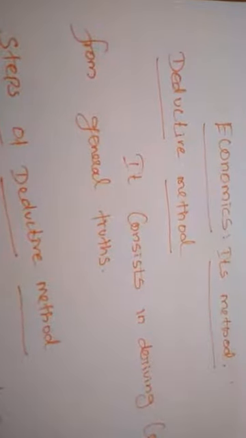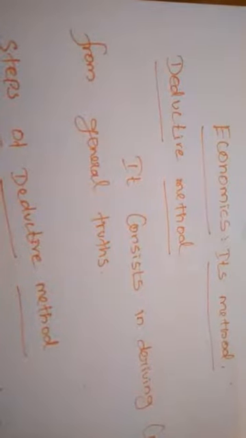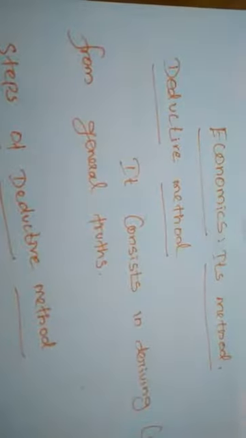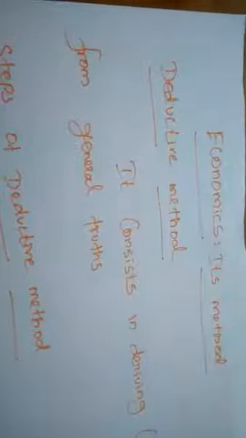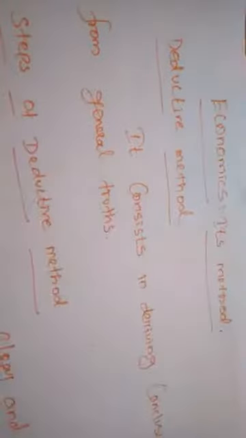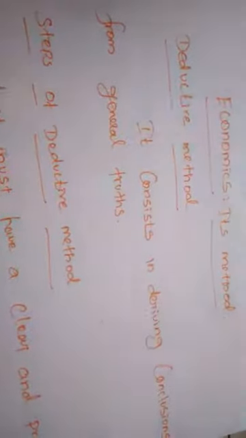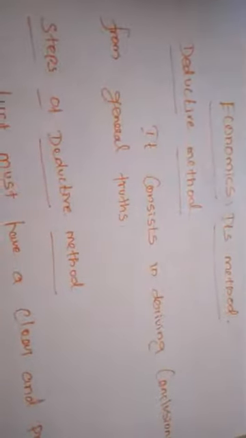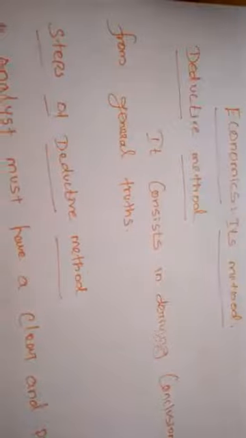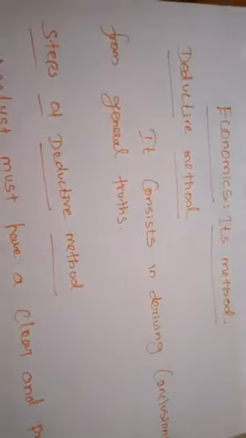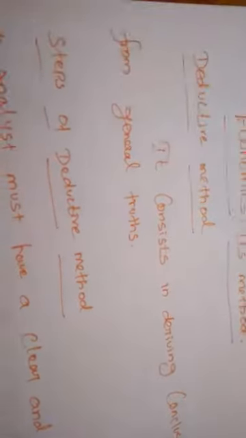The deductive method takes a few general principles and applies those principles to draw conclusions. Many general principles are taken by the economist, and the principles are applied to make a conclusion.